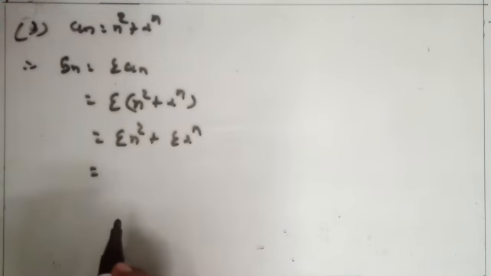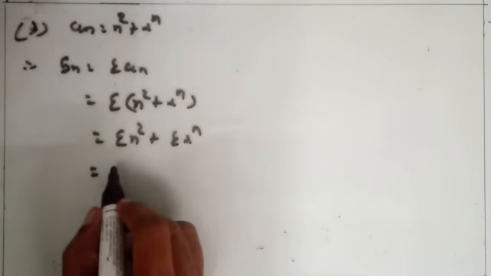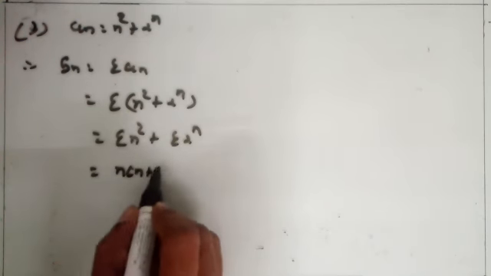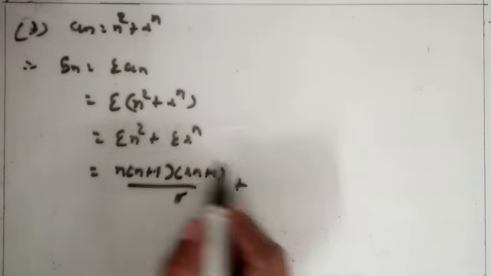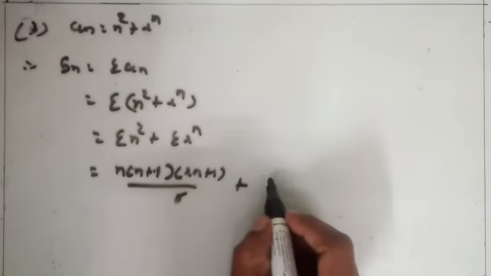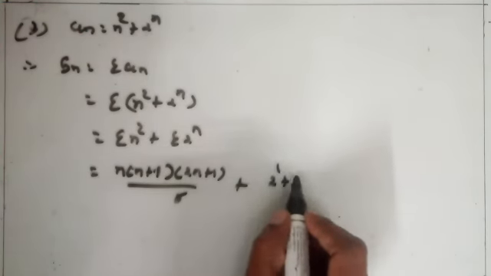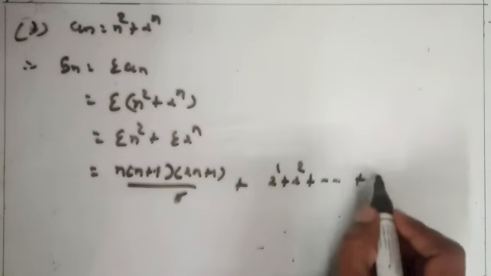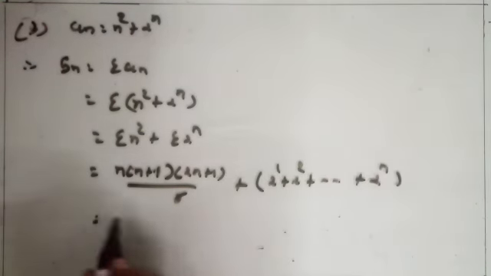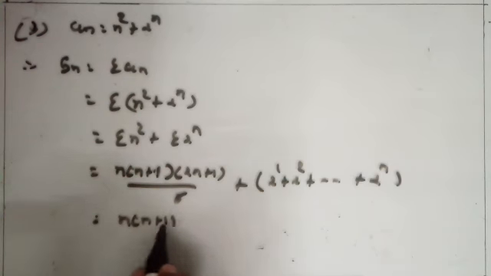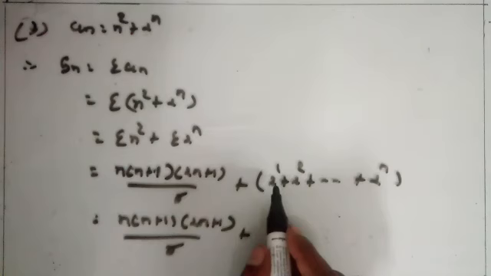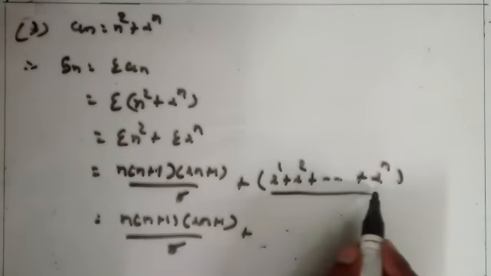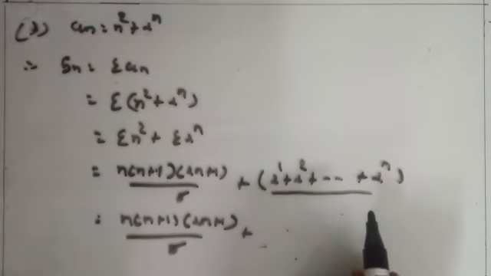And sigma n square is equal to, we know that, n into (n plus 1) into (2n plus 1) by 6, plus sigma 2 raised to n, which is equal to 2 raised to 1 plus 2 raised to 2 plus up to 2 raised to n. Clear? This is a sum of a geometric progression.